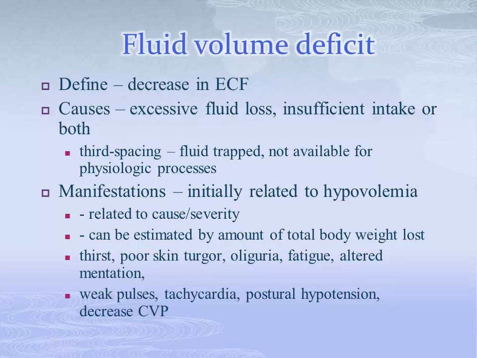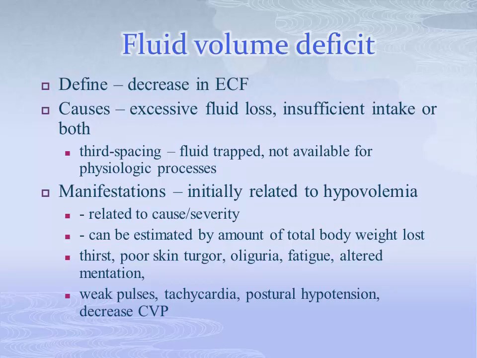So obviously, a lot's going to depend on how quickly the fluid volume declines. If it's a slow decline, we may not see very many symptoms initially. We may get all the way to poor skin turgor, oliguria, dry mucous membranes before we really see any other symptoms.